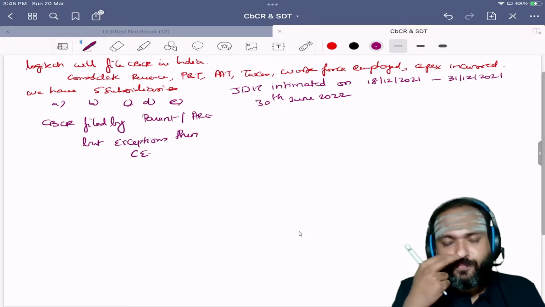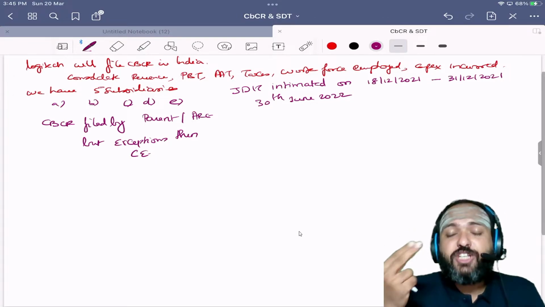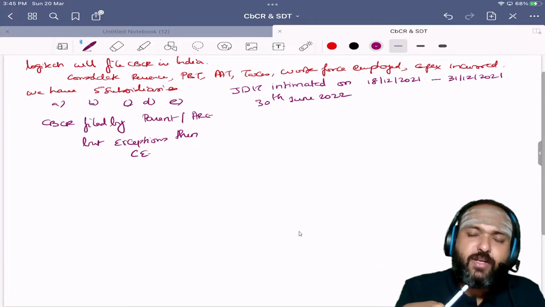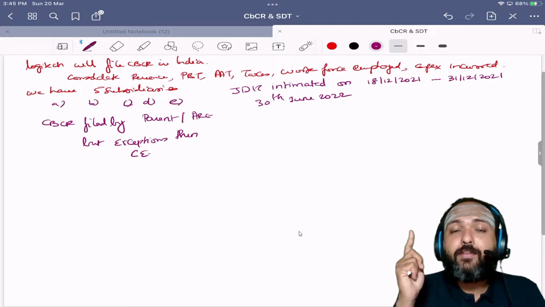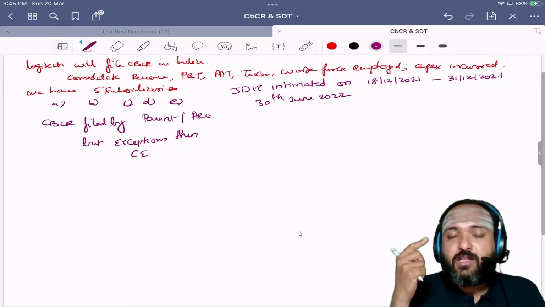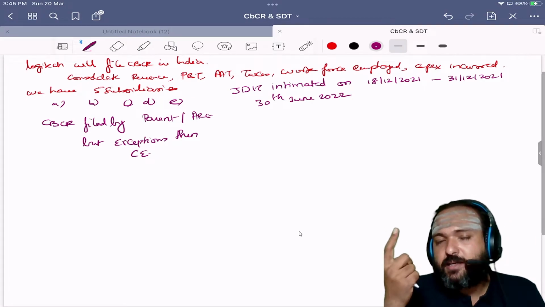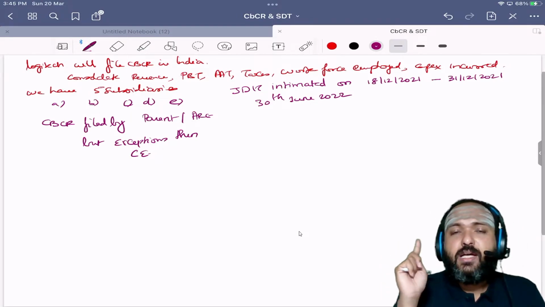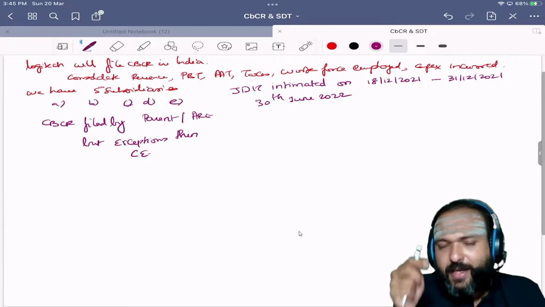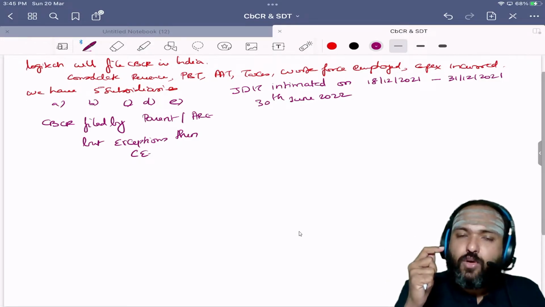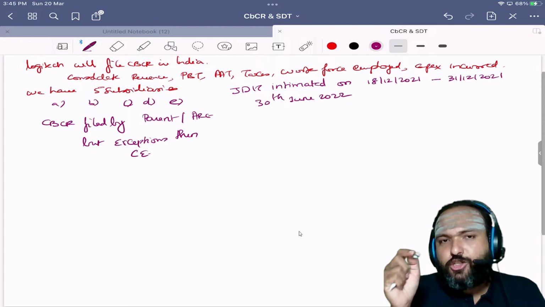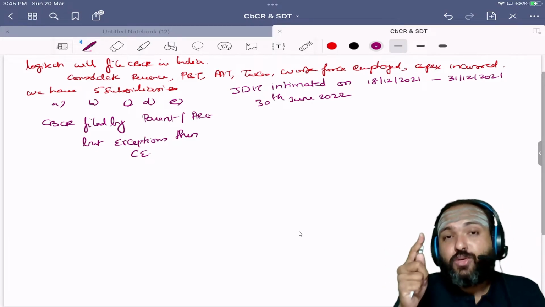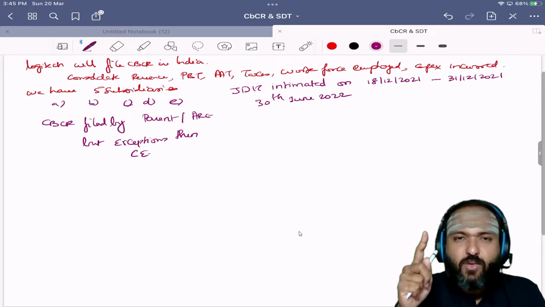Case number two, where there is no agreement to share information between the country of the parent's residence and the country of the constituent's residence. Therefore, the parent company's residence country's tax authorities will not share it with the income tax authorities of India, being the constituent entity's country. Therefore, the Indian constituent entity will have to file CBCR. Now, the time limit for these two cases will be 12 months from the end of the accounting year.